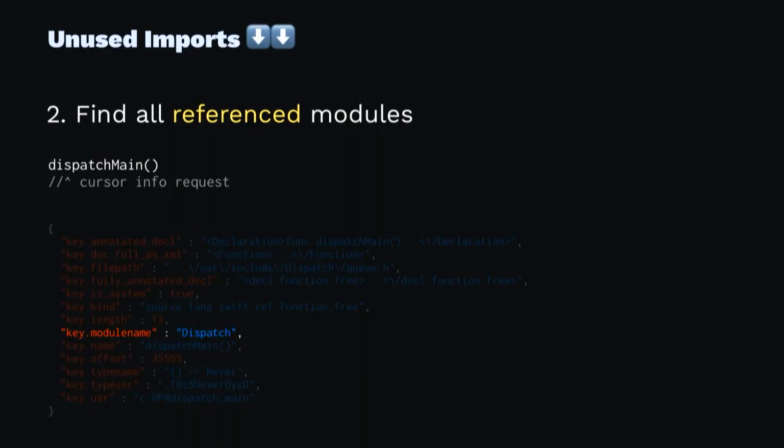And then you go through the rest of the source and perform more cursor info requests. If ever there are references to declarations in other modules, the cursor info request will return what module name that's referencing. And so you make a big list of all referenced modules. And again, you do the same thing that you did for dead code, where you subtract one from the other, and you find all of your unused imports.